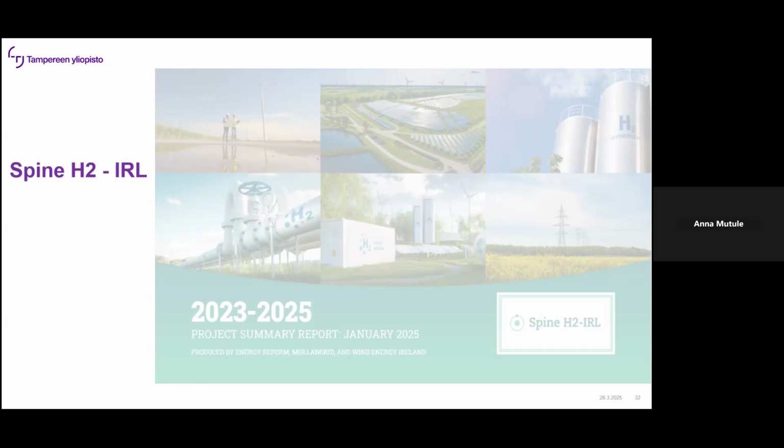This project focuses on the role of hydrogen in Ireland's future energy system, with a particular emphasis on sector coupling, flexibility, and system integration for the country.